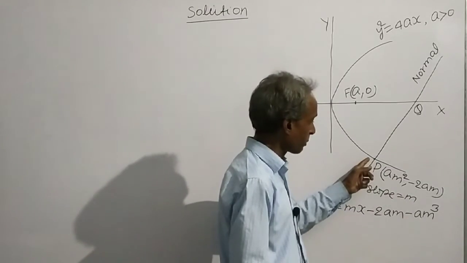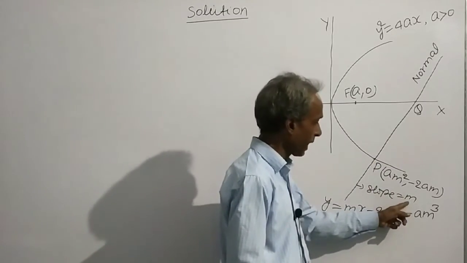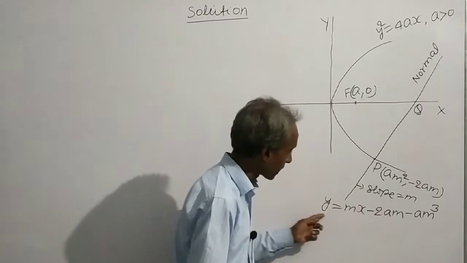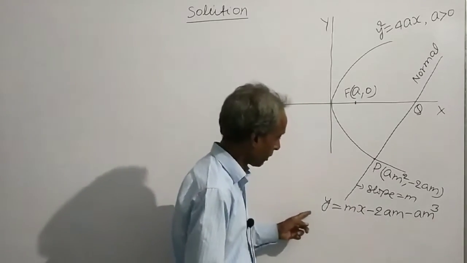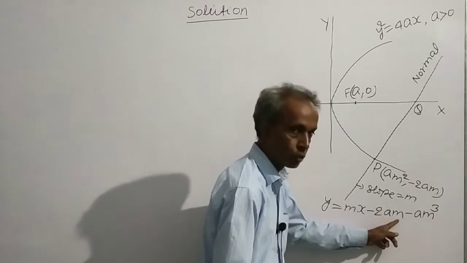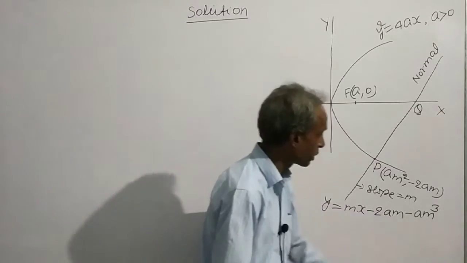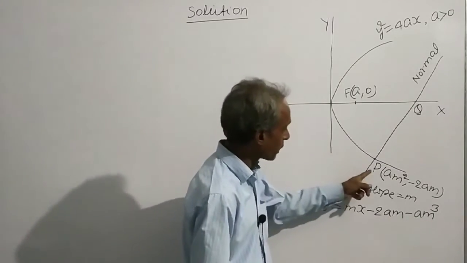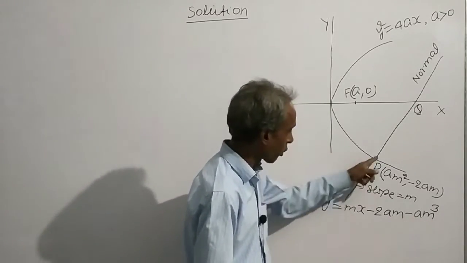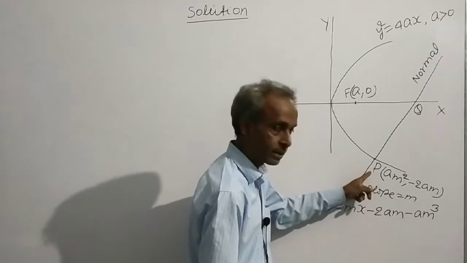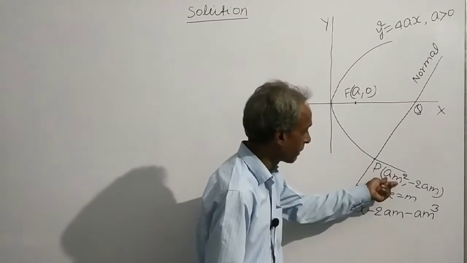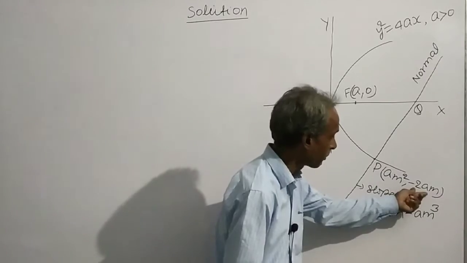The equation of that normal will be y is equal to mx minus 2am minus am cube, and the coordinate of P, the foot of the normal, will be (am square, minus 2am).